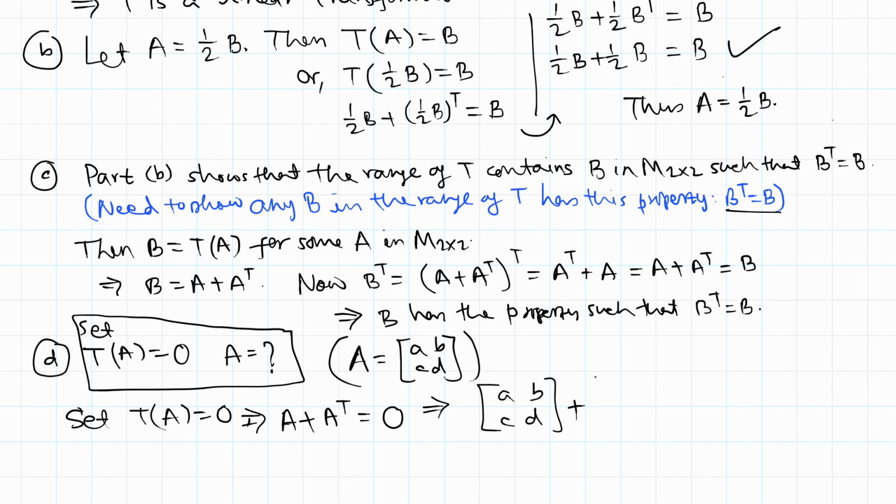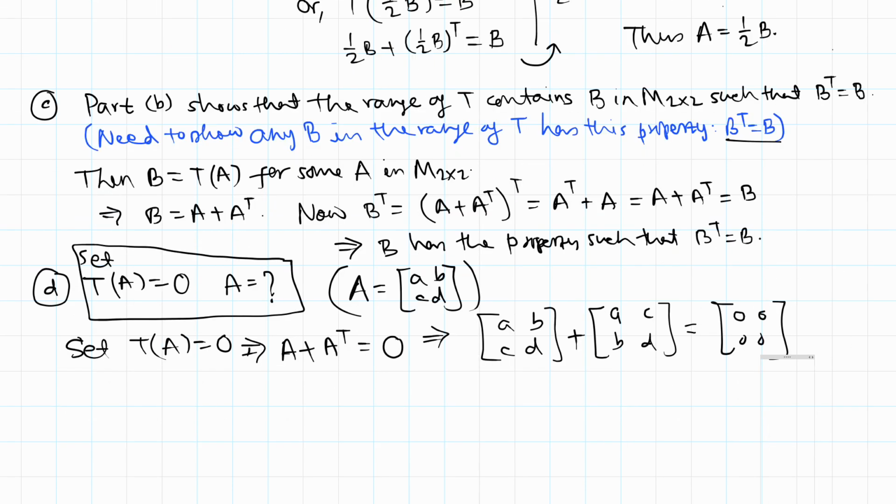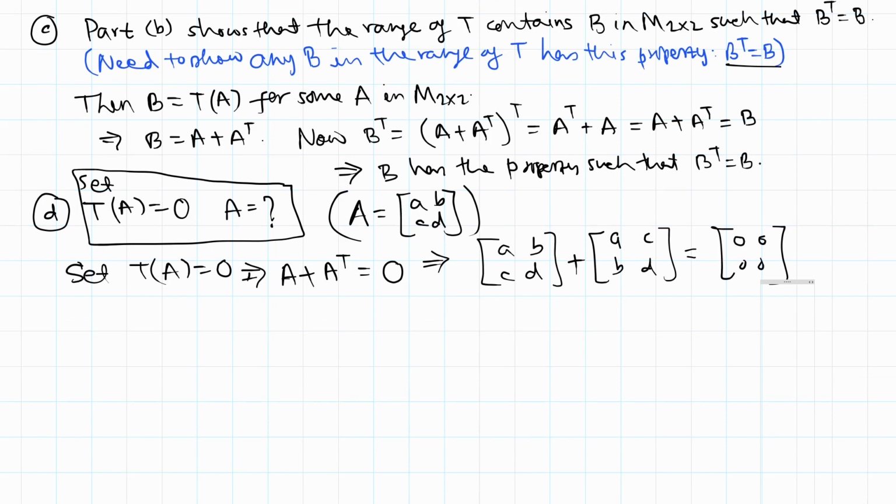A transpose will be what then? A, C, B, D. Adding these two equals 0 gives 2A, B plus C, C plus B which is B plus C, 2D, equals 0.